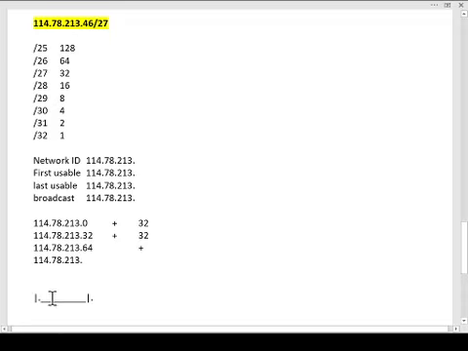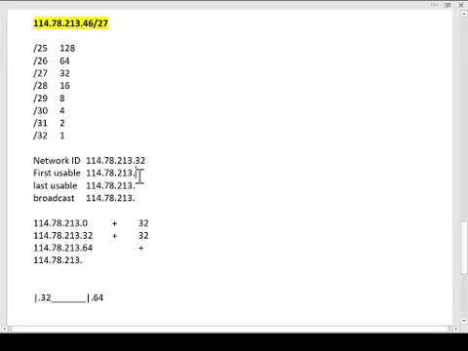The 32 is the one that is lower than 46, so that's the one on the left side of the goalpost. The one that's outside of it is the next higher one, which is 64, a completely different network. So network ID is .32.